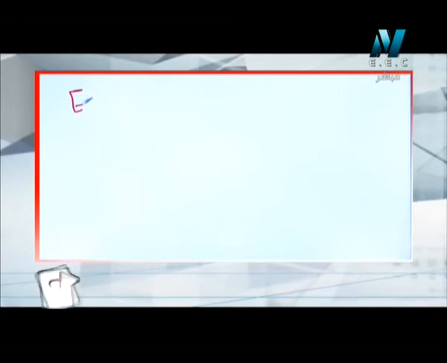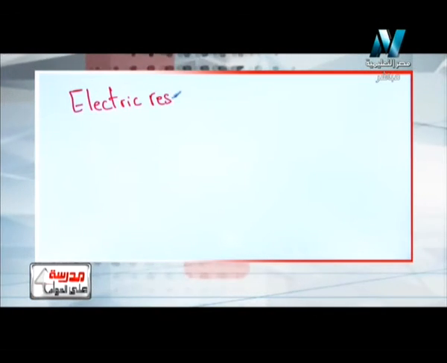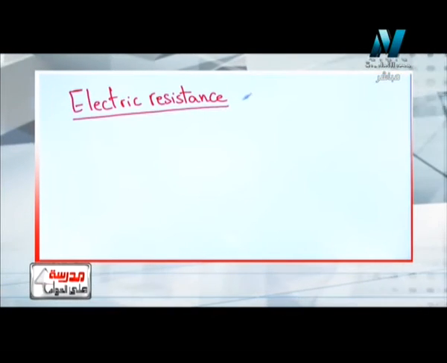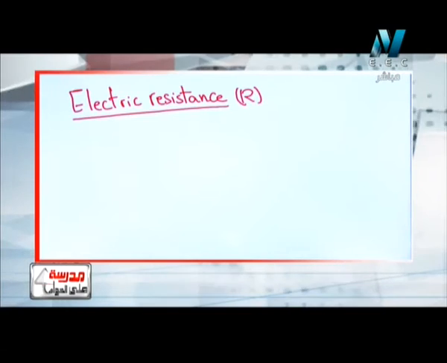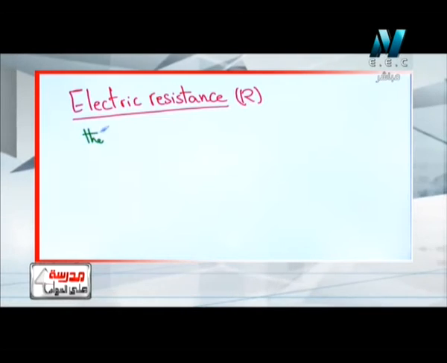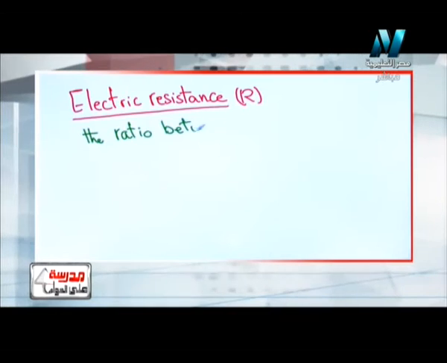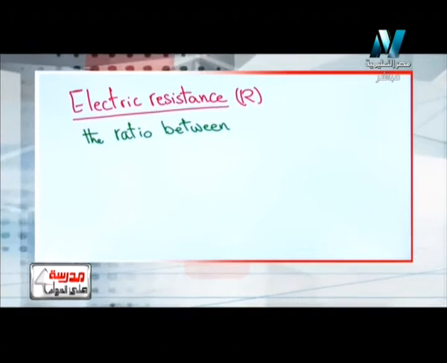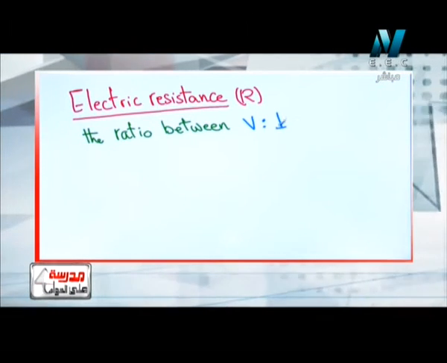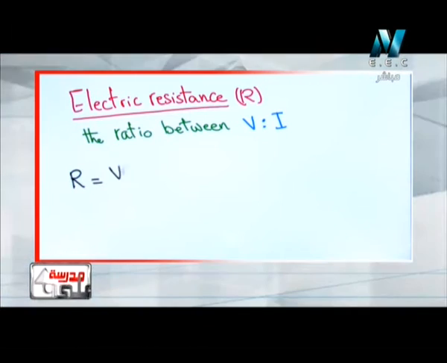So electric resistance, R, is the ratio between potential difference and the electric current intensity. How come? We know R equals V over I.